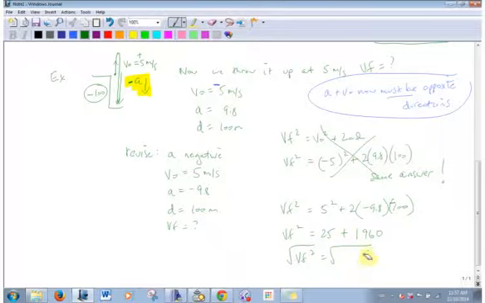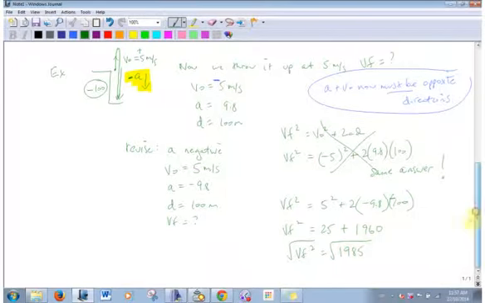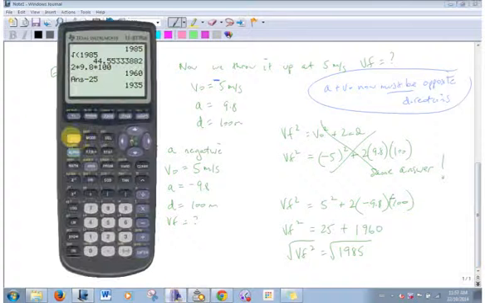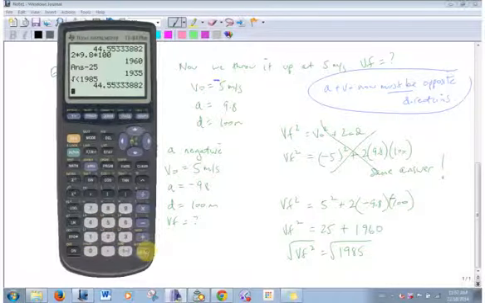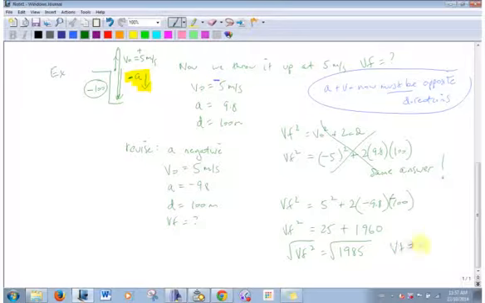Let's change that. And 1960 and 25 is 1985. And what's the square root of that? Whoop. Hey, that rings a bell. 40. Hey, what? Huh? Why am I doing this?